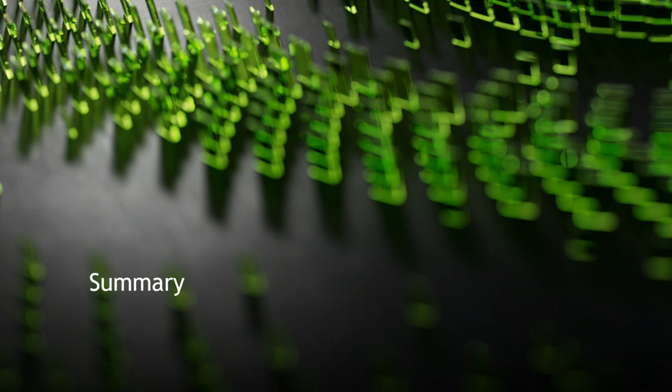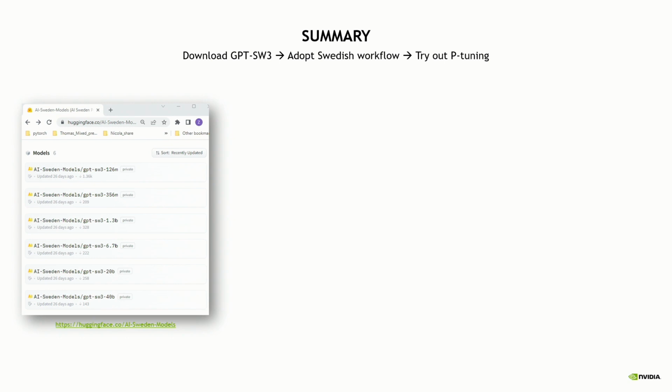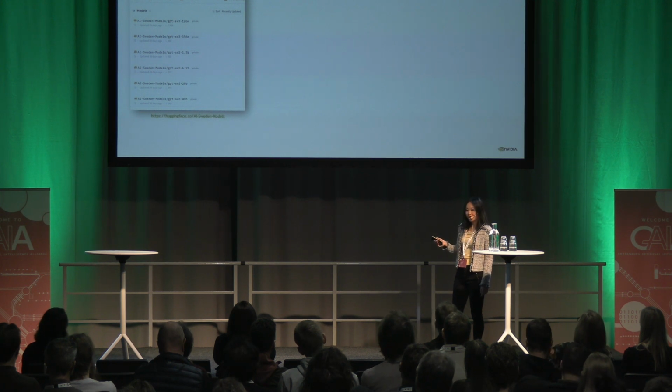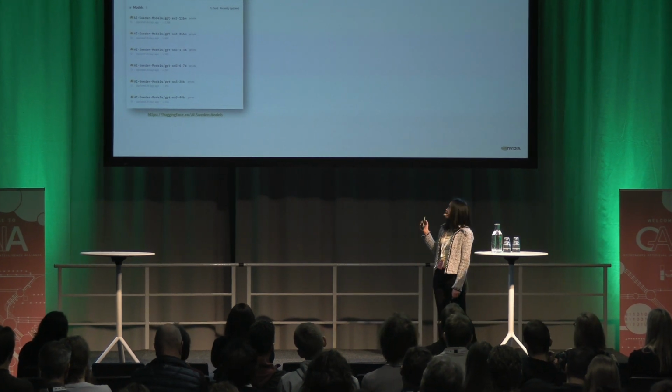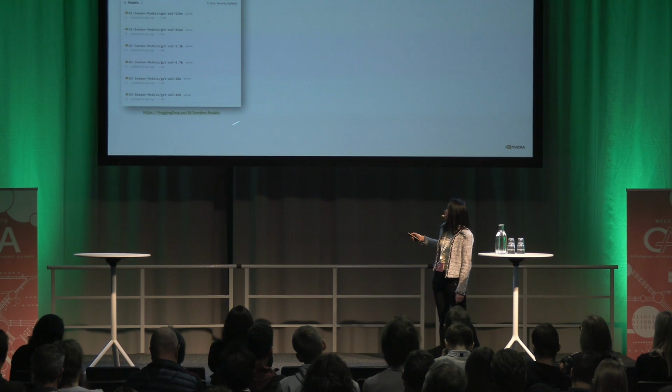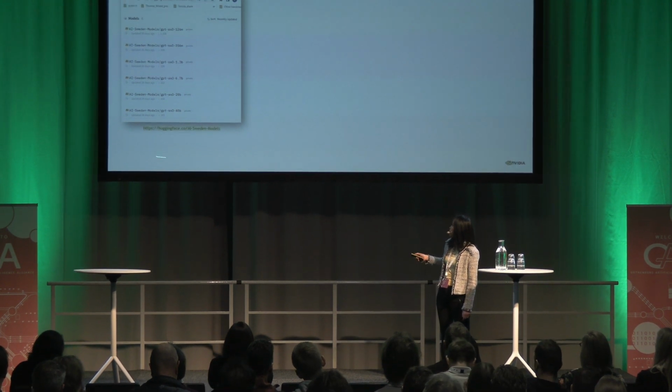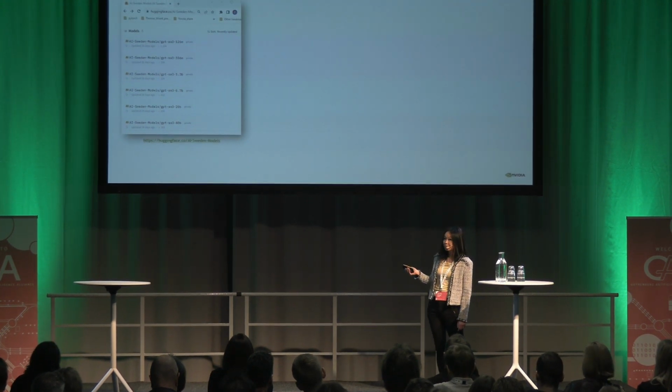Now, let's talk about the summary. What have we learned? We do have a bunch of foundational models of varying sizes, which, if you want to, you can apply for early access, and then you will be able to access their private repo on Hugging Face and download the model checkpoint.